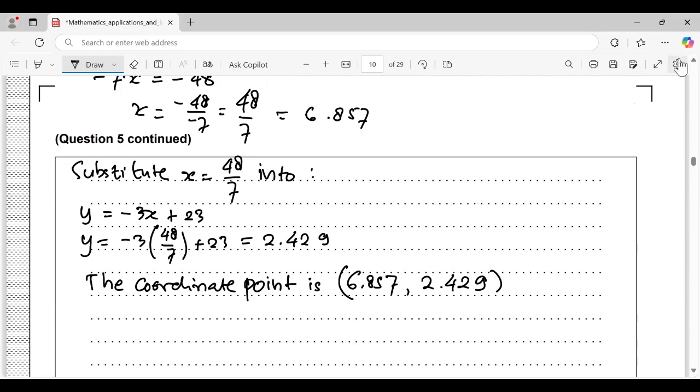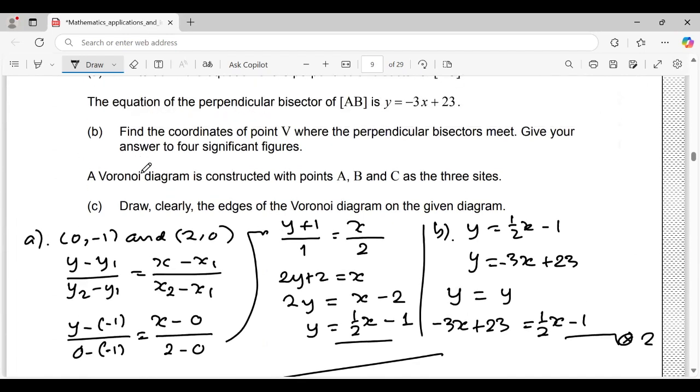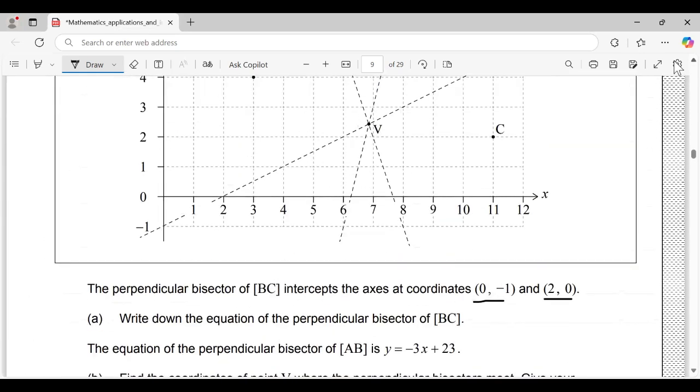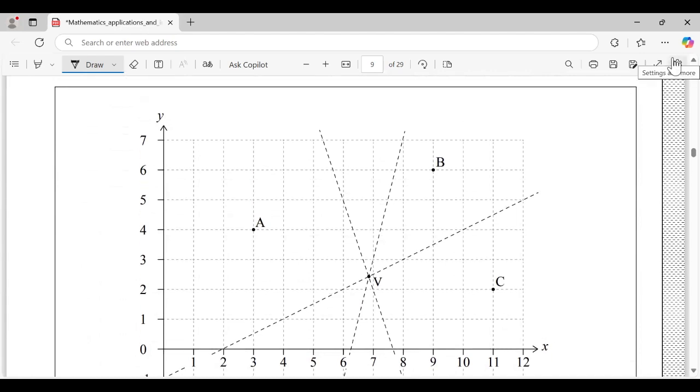That one. Next question. A Voronoi diagram is constructed with points A, B, and C as the three sites. Draw clearly the edges of the Voronoi diagram on the given diagram. This diagram. All right.